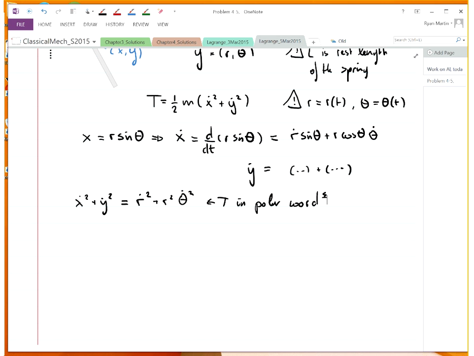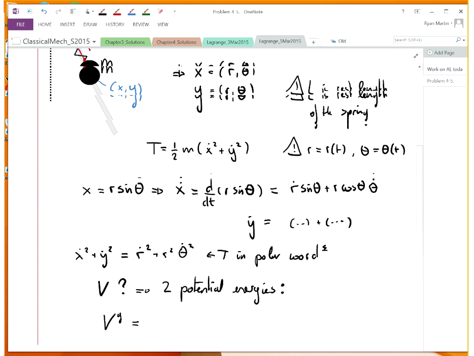That's for T. How about V? Well, there's two potential energies. Let me say V superscript G for the potential energy from gravity.